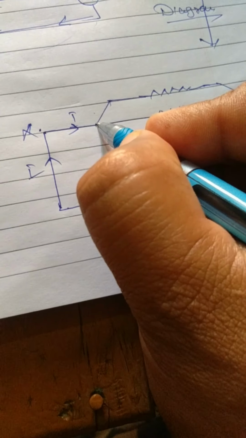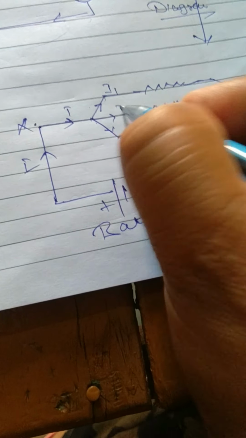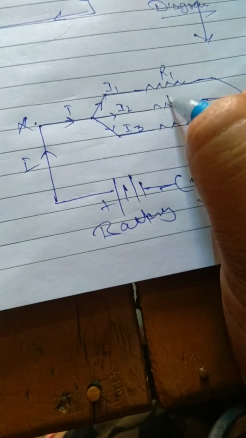When current is flowing up to here, it is the same I, but after entering from this end, current will divide in three parts. That is, this is I1, I2 and I3. This is the resistance R1, R2 and R3.